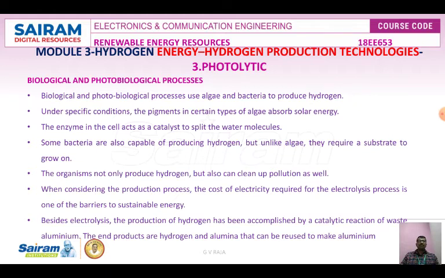The hydrogen will be produced directly from water using sunlight with a special kind of semiconductor. That is photoelectrochemical. In biological production here, the photosynthesis process where bacteria and other kinds of algae are used for the fermentation process.